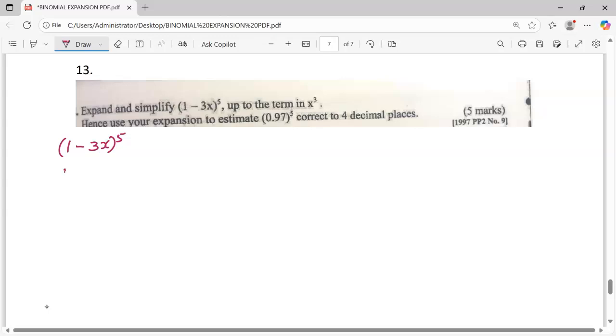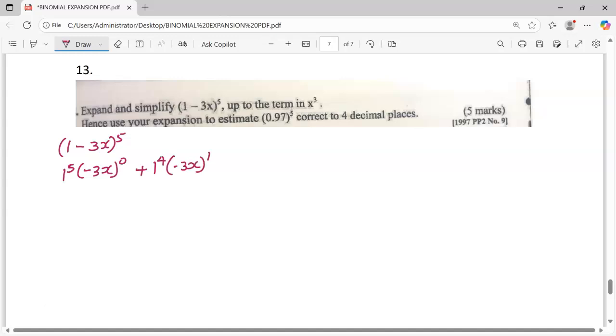Remember, we are going to begin with 1, which is the first term, raised to the power of 5. We multiply by the second term, which is minus 3x. This one begins with the power of 0, plus 1 to the power of 4. Then we multiply by minus 3x raised to the power of 1.